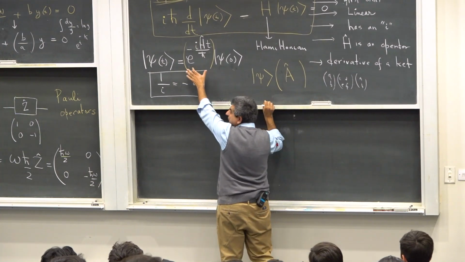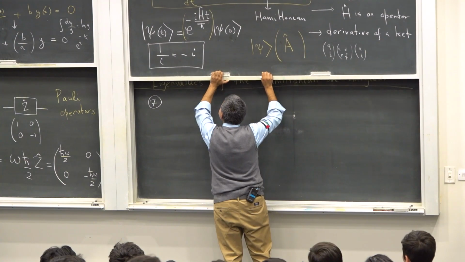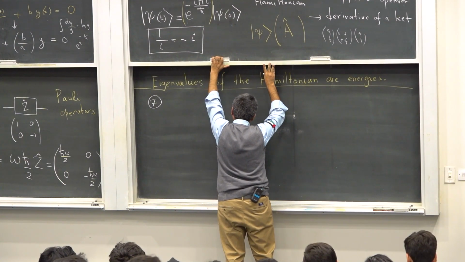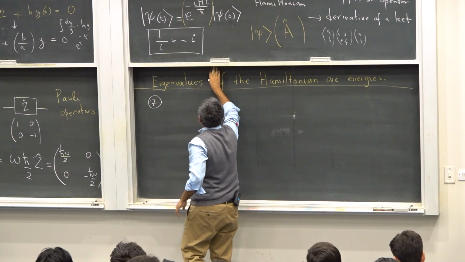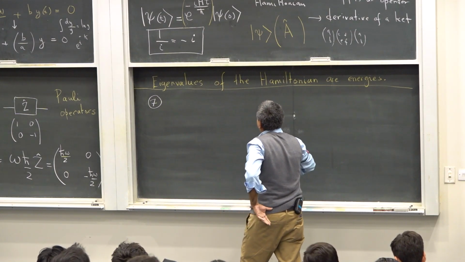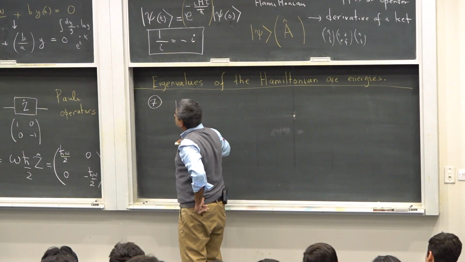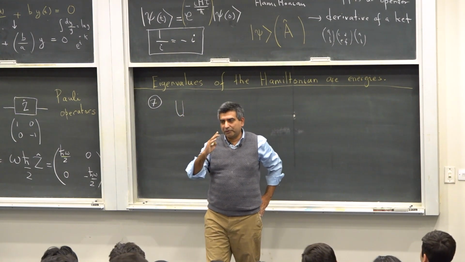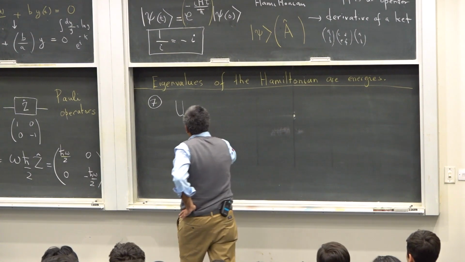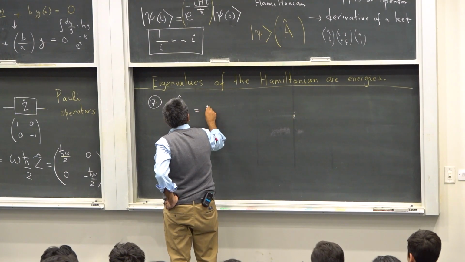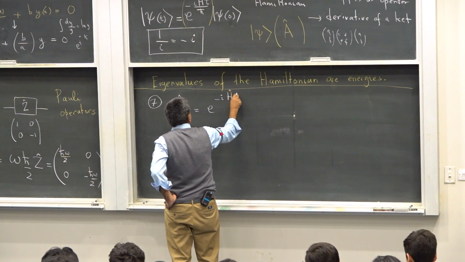So first of all, let's look at this operator here. Let's call this operator U, because you learn later in a course on quantum physics that it's a unitary operator. U is e to the minus i H t over h bar.